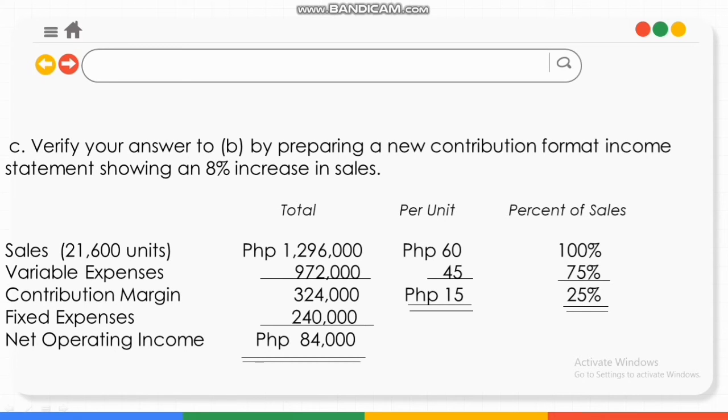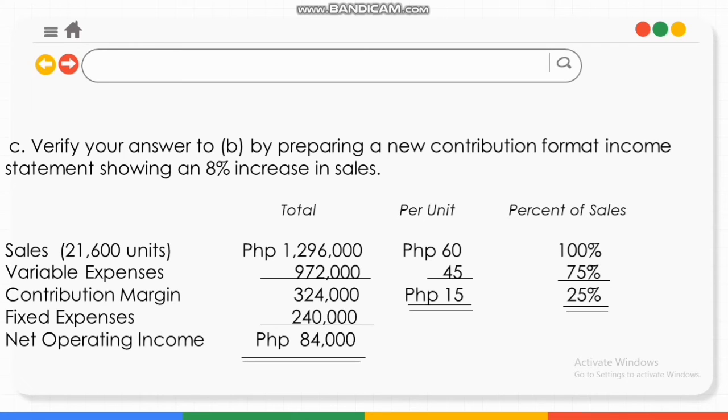So C, verify your answer to B by preparing a new contribution format income statement showing an 8% increase in sales. So pag nag-increase ng 8%, ang magiging sales is 21,600 units na. So, paano nakuha to? 20,000 times 1.08 is equals to 21,600.